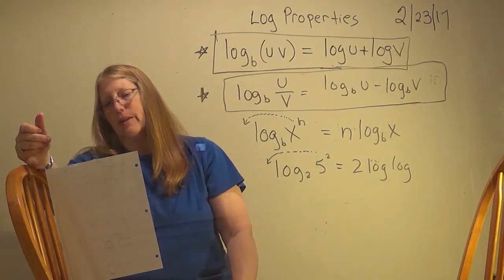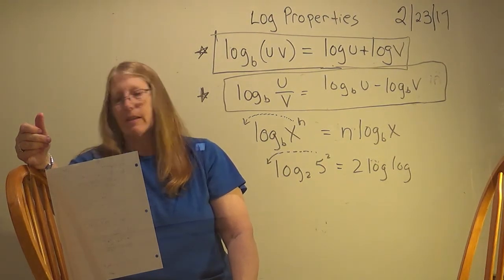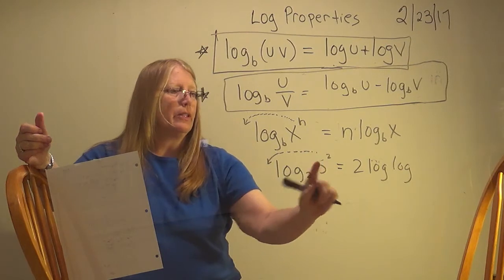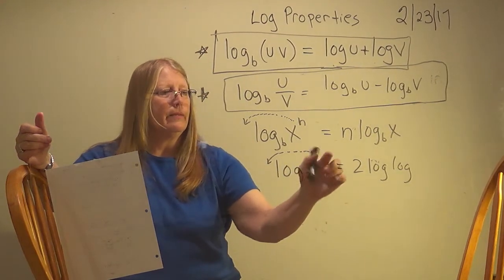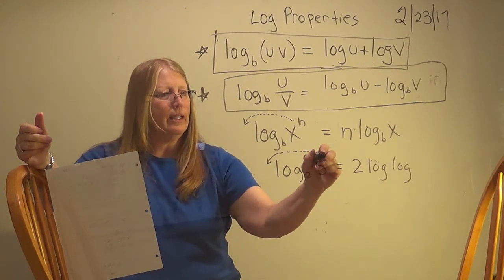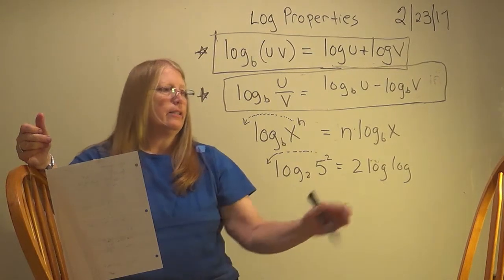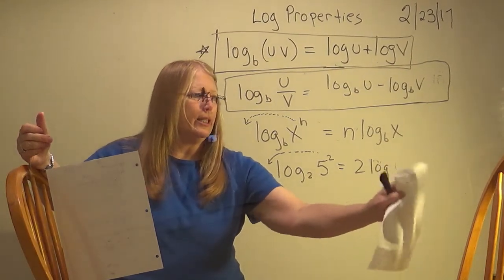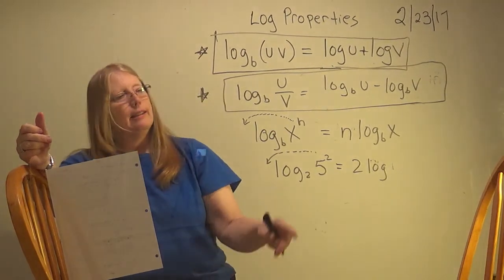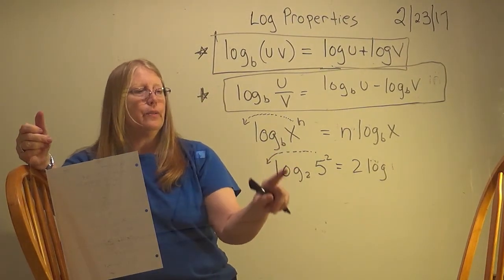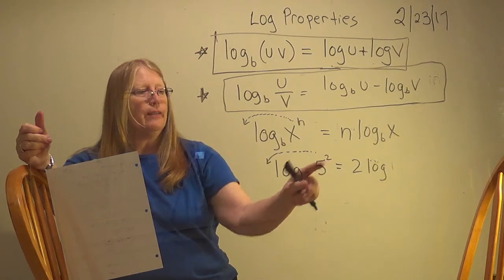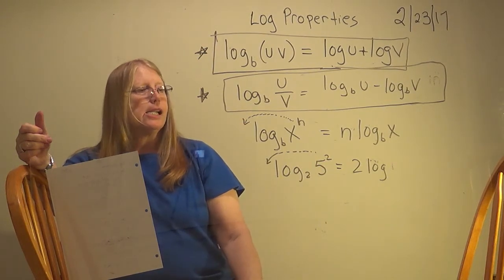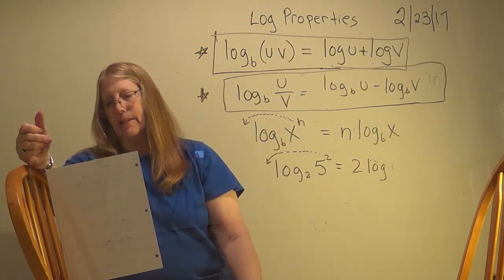I don't know if I can show it with this. Oh, I know. I'm sorry. Now I know. Alright. Now if you would switch that and switch that. I'll give another run at this. So I'm going to apply this rule to log to the base 2 of 5 squared, and I'm seeing if that will even work.